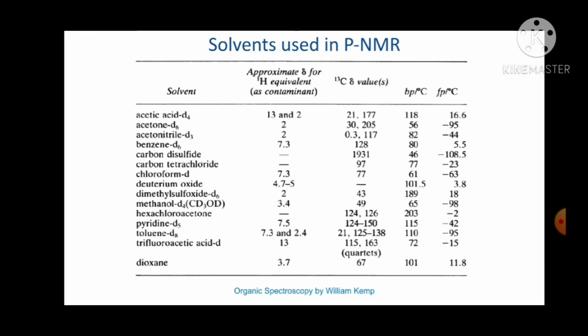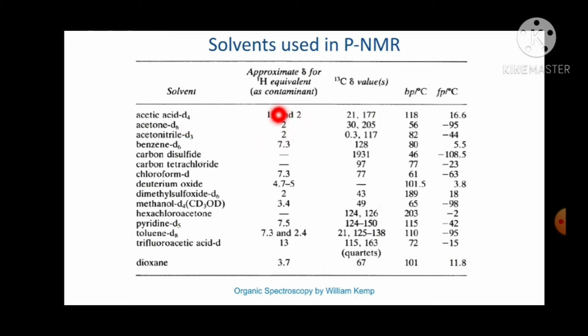There are a variety of solvents made commercially available, most of which are deuterated. For example, in this table we can see acetic acid D4. This D is nothing but deuterium, the atoms which replace the proton.